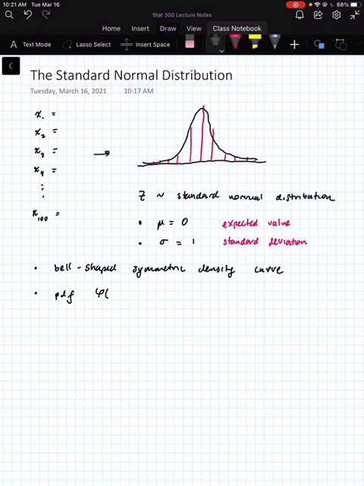The PDF is written phi of x. And warning, incoming math: the specific PDF for any value in the support, so any real number, is 1 over the square root of 2 pi times e to the negative x squared over 2.